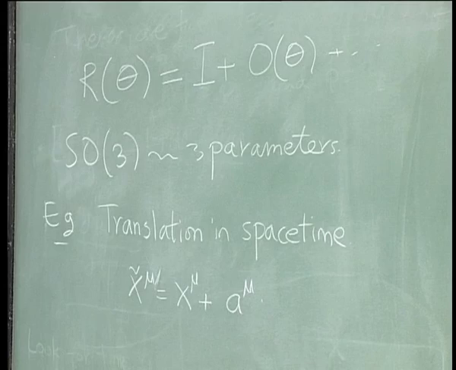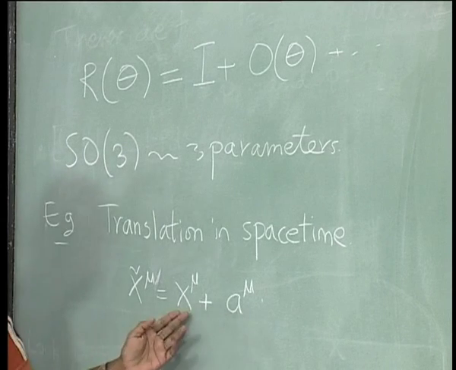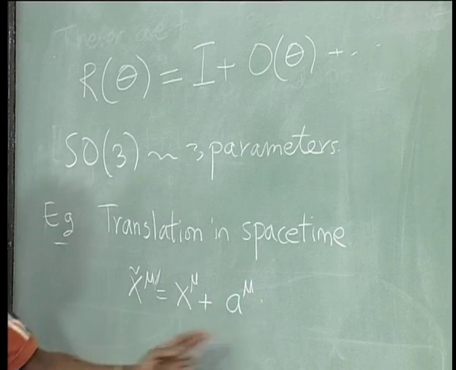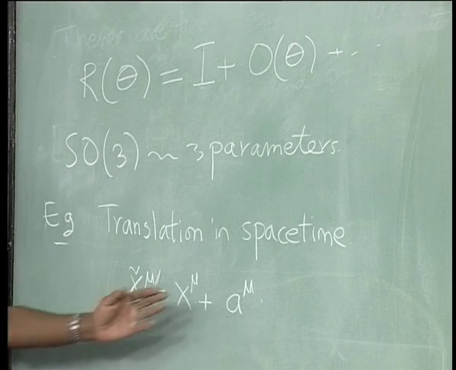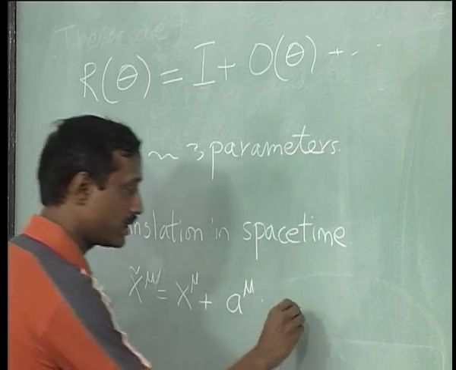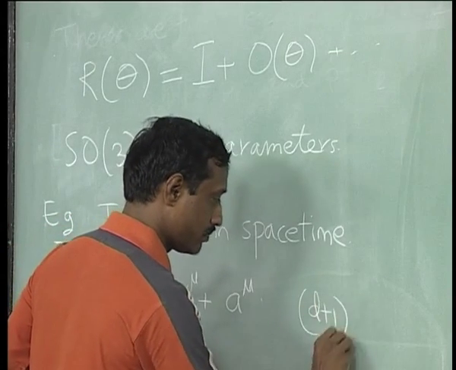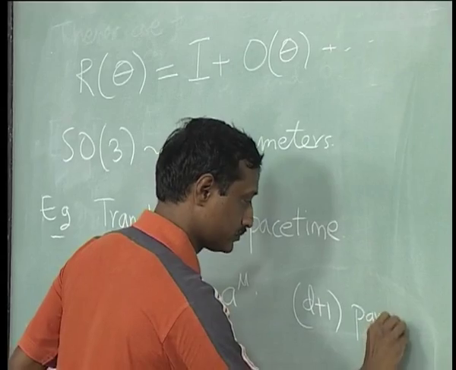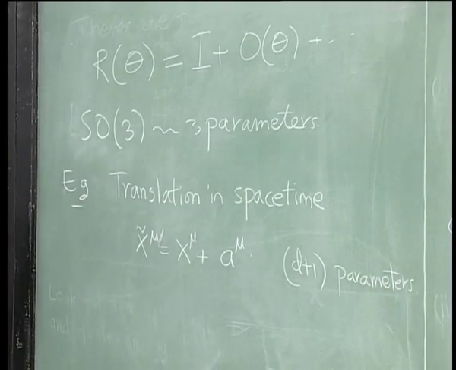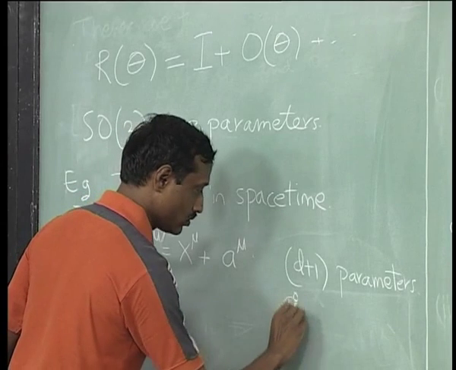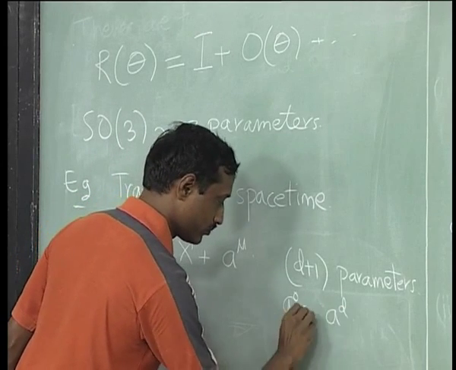Okay. So what do we mean by this? Now we are no longer in one dimension, that was just for our example, we are coming back to d dimensions. So we see that there are d plus 1 parameters, that is a0 up to ad.